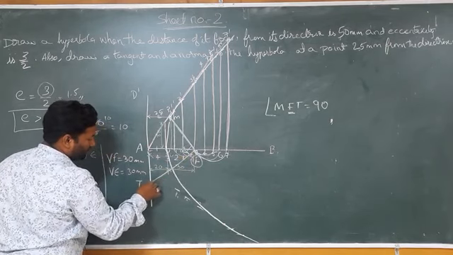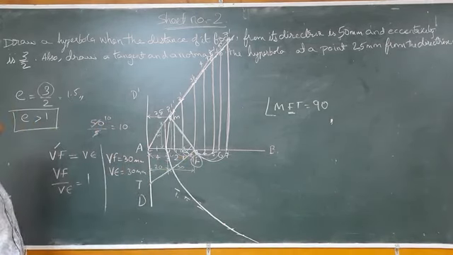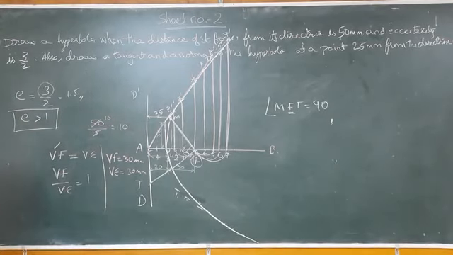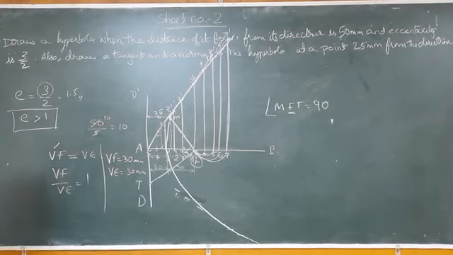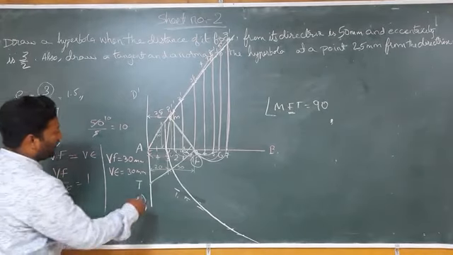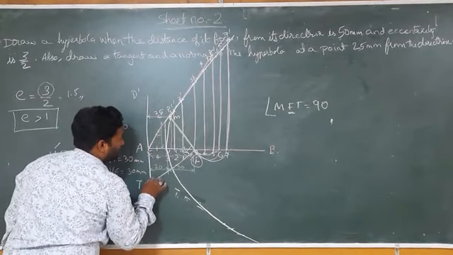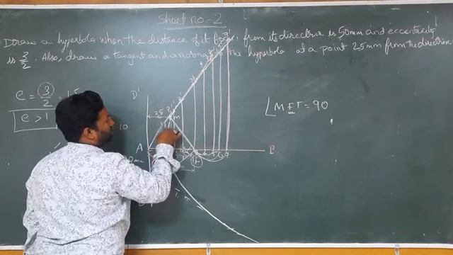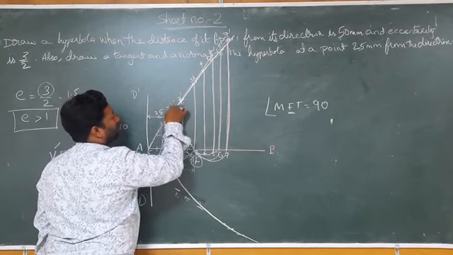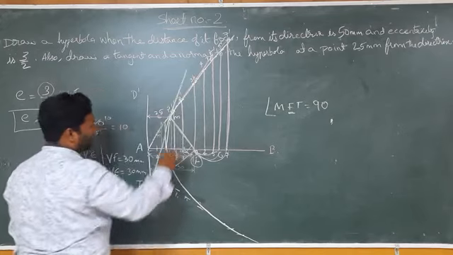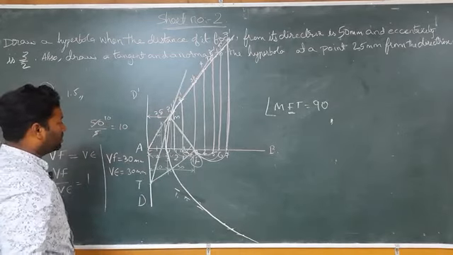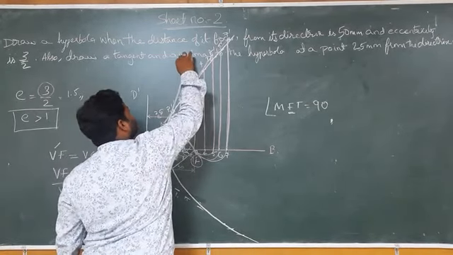So up to here I have to draw, so I got the point T here. Meanwhile, after getting the point T, I have to use a scale. With the help of this scale, I have to draw a straight line passing through the point M. So from the point T, I have drawn a straight line which is passing through the point M. So this is the tangent.